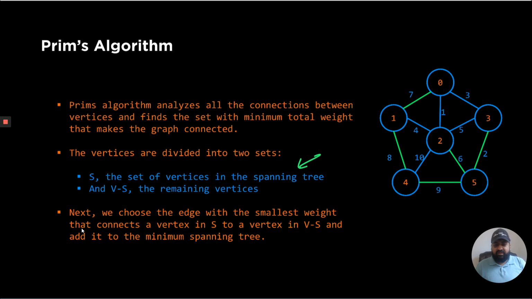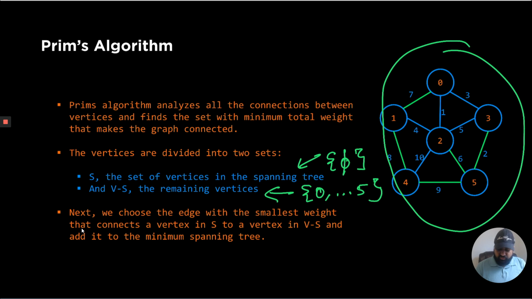Set S will keep track of vertices in the minimum spanning tree, or whatever we have already computed. Initially, this is going to be empty, and V minus S is going to be all the vertices we have not processed yet. So in this case, initially all the vertices in this graph, from 0 to 5, will be a part of V minus S.